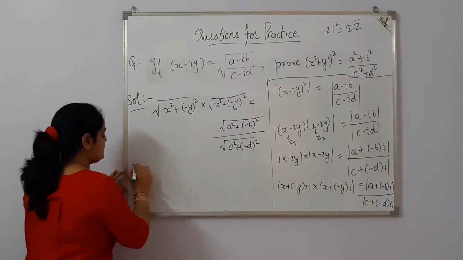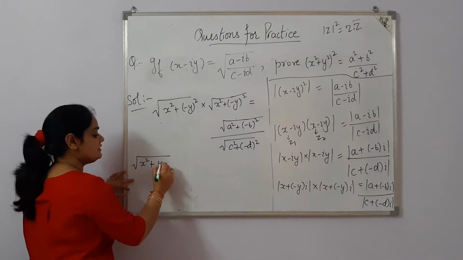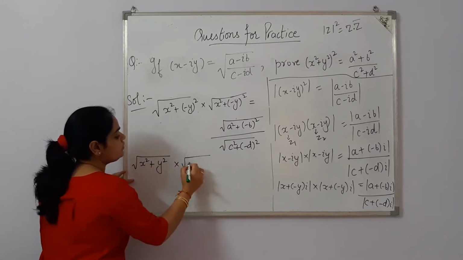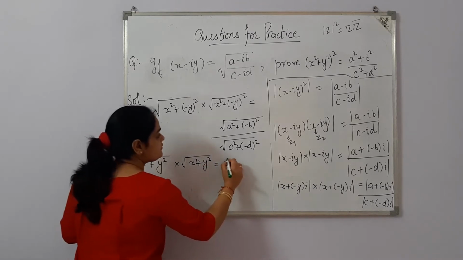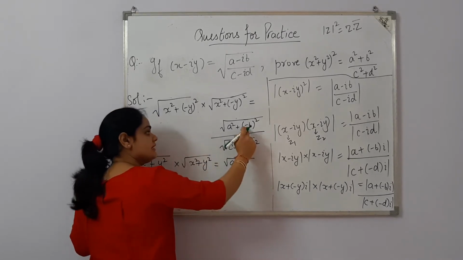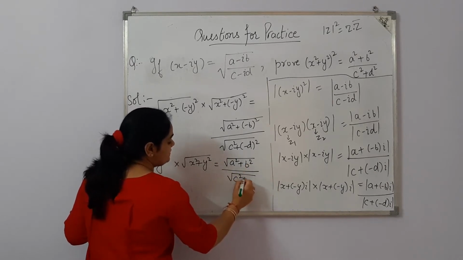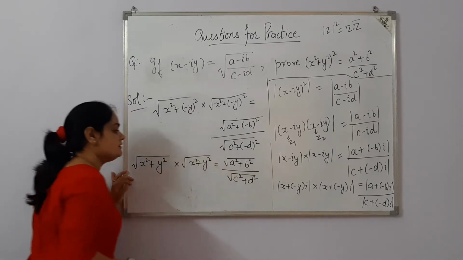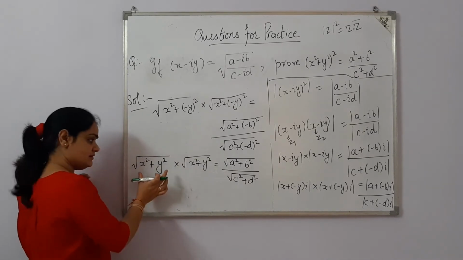So minus square is positive, so x square plus y square is equal to a square plus b square whole upon, same as in the case of c square plus d square. Now these are the same terms.